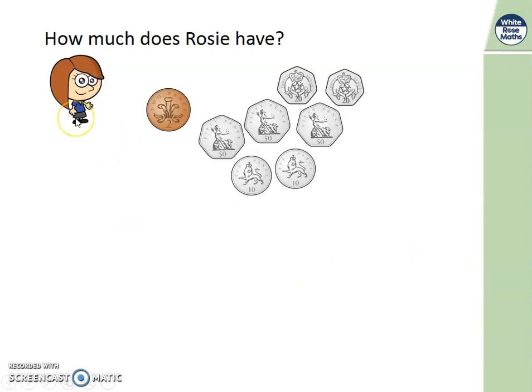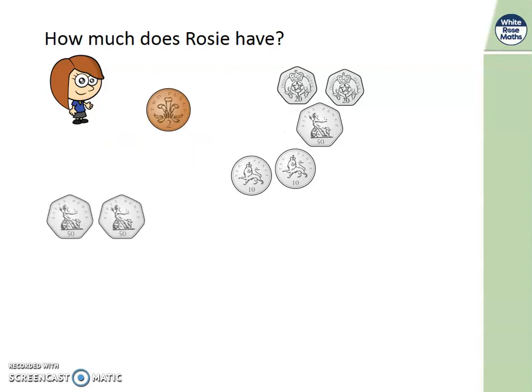How much has Rosie got now? Use your skills to group money into pounds first. Have a think. Let's have a look at your answer. 2 50s make £1. Can you see a way to make another pound?